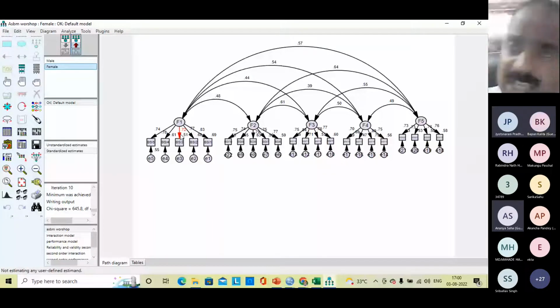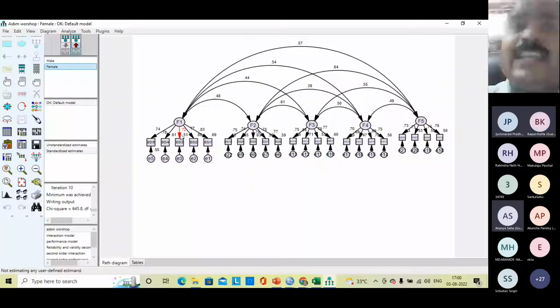Whatever data you give, whatever groups you create, some difference will be there. But in statistics, we need to say whether the difference is significant or not. Later on we will find out.